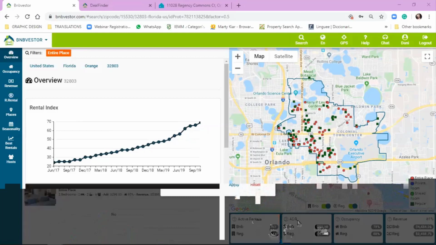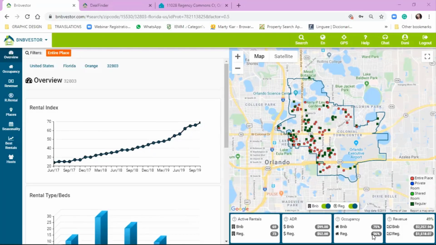I apologize, I didn't say that correctly. And $99 of average daily rate for B&B rentals, and for regular, 52. The occupancy rate is 75% for B&B listings and 96% for regular rentals. Then we have a revenue of 2,257,000 for B&B listings, and for regular we have 1,500. We have an additional revenue of 49% in this area, okay?